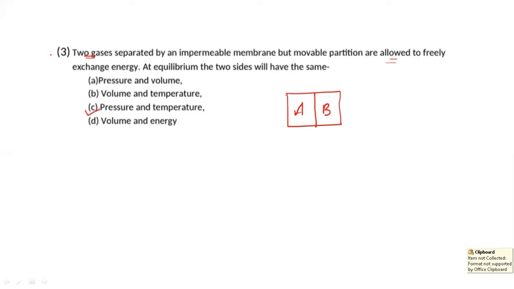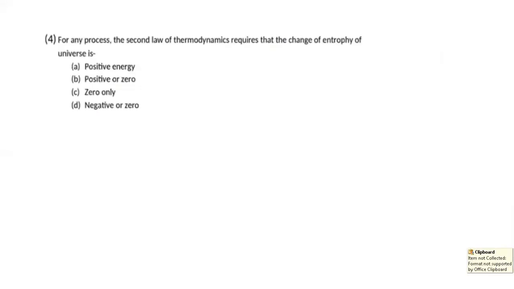Next, for any process, the second law of thermodynamics requires the change of entropy of the universe to behave in a certain way. We know that the change in entropy, delta S, is either greater than or equal to 0.